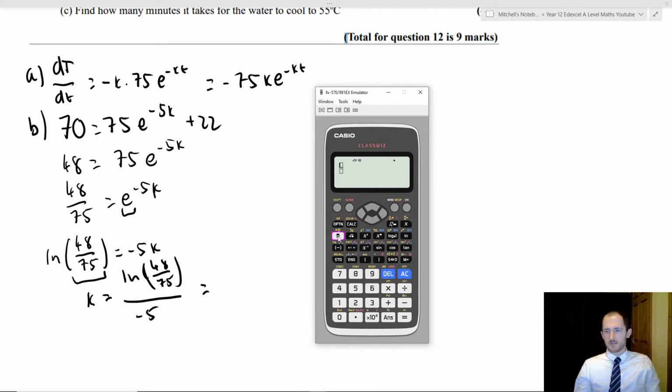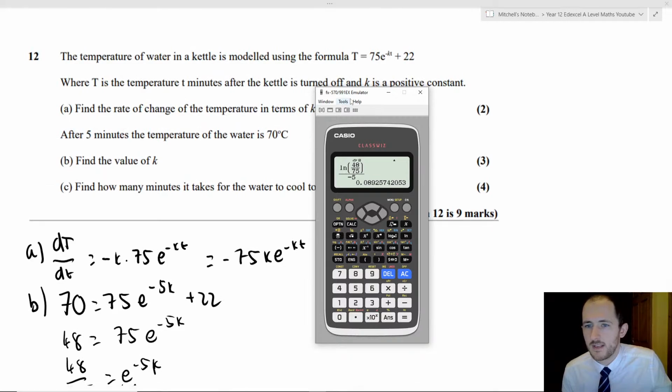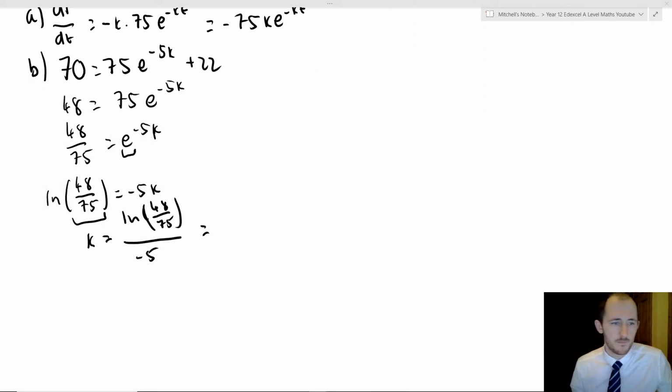It's going to be slightly painful to type into the calculator. So we have ln, and then a fraction, 48 over 75, and that's over minus 5. We get 0.0893. It doesn't say how many significant figures, but normally 3 is good. So 0.0893.